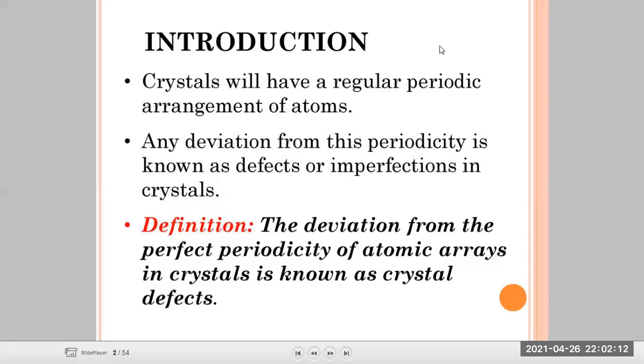What is the meaning of lattice points? They are imaginary points, and we say that these imaginary points are nothing but the atoms residing in the crystal, which may be arranged in a regular fashion. With this assumption, we moved forward and talked about space lattice and crystal lattice.